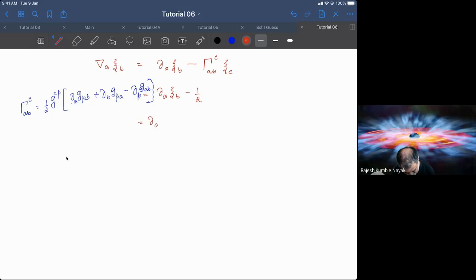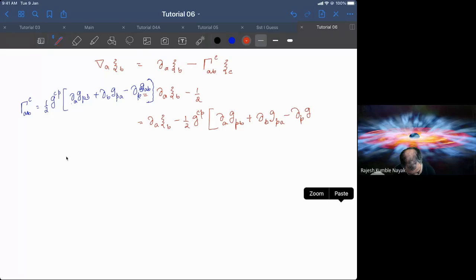So G A xi B minus half GCP into GA GPB plus GB GPA minus GP GAB. Now we are not assuming that the dot product with this guy is going to be 0. So we keep that term because we are expressing the slightly different algebra here.